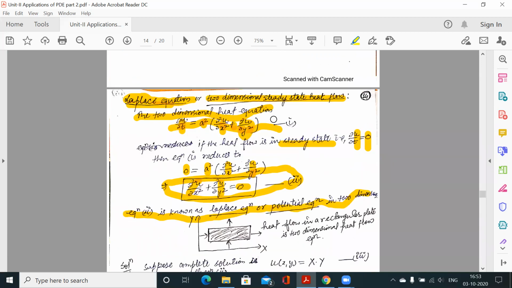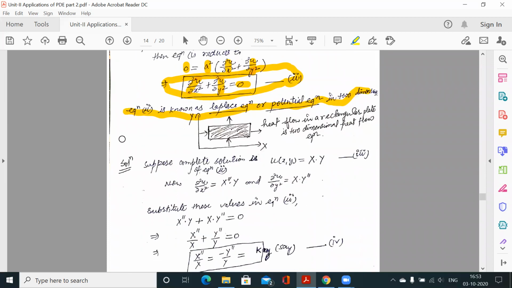So it is a two-dimensional heat equation. In one dimension, we considered a rod, a thin rod. Now we have a plate. So the heat flow in a rectangular plate is a two-dimensional heat equation. So we have the temperature in the y-axis and in the x-axis both.